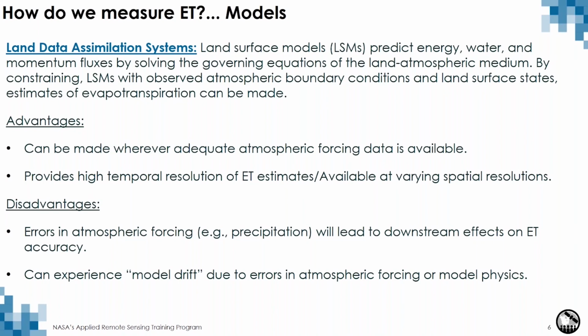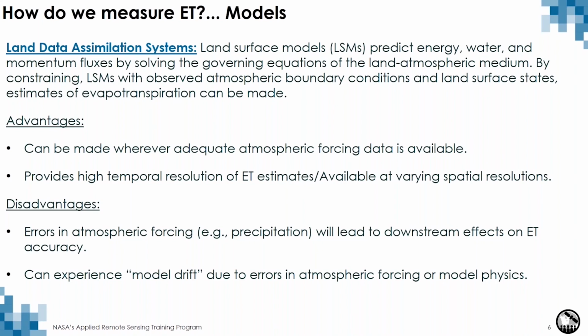Unfortunately, we don't always have the most accurate observations to force these models, and a lot of the physics are very complicated. So we have to parameterize, which is a way of making broader assumptions about how some of these physics work when we don't have the observations to truly model them accurately.